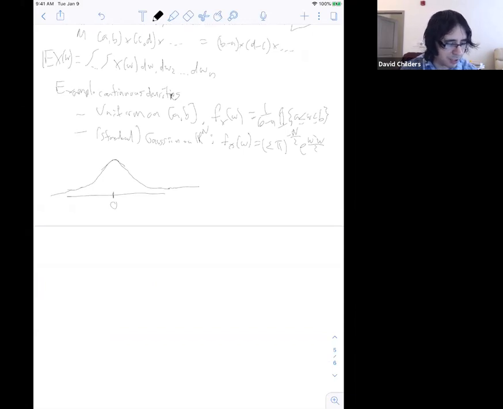So other properties. The expectation measures the center of a distribution.